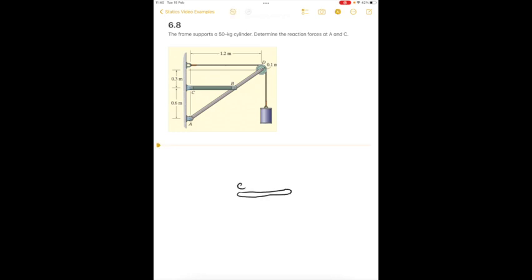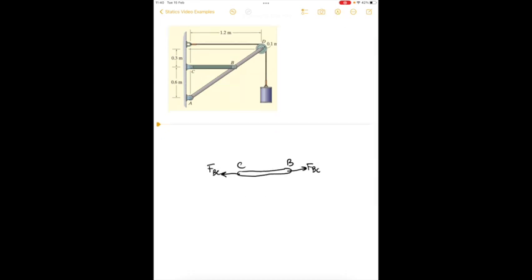First we have member CB. This is a two-force member, so we want to draw that. We know the direction, and we call that force BC. I'm guessing that it's acting in tension.